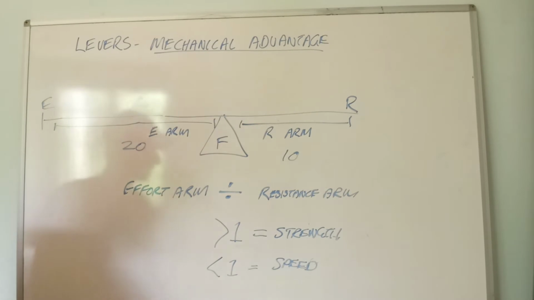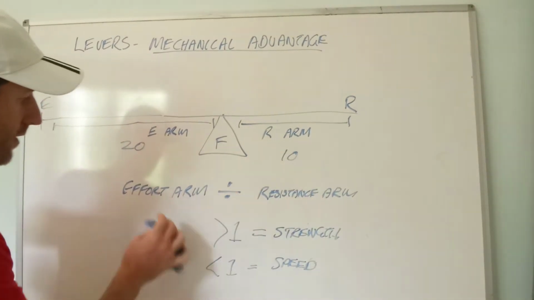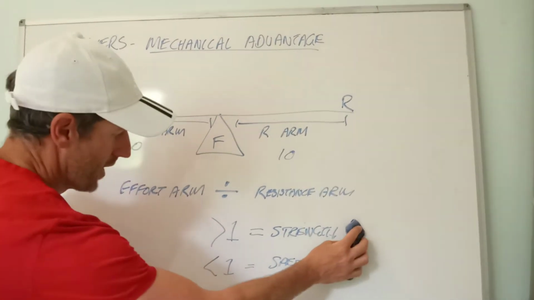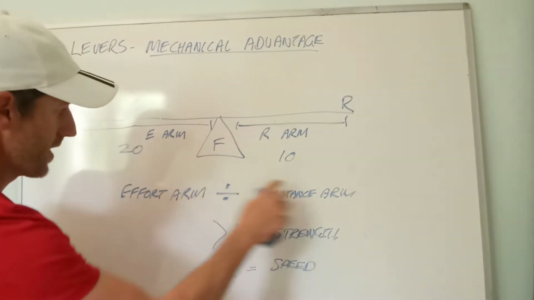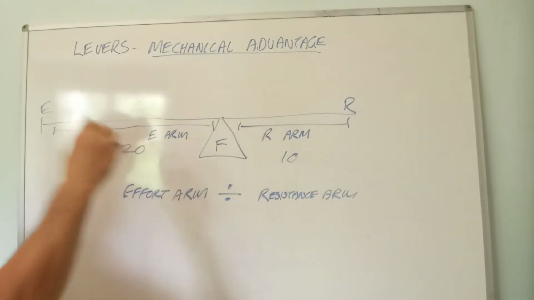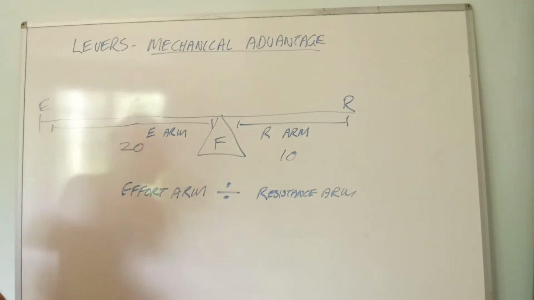So all you have to remember is this calculation. This will come in later, but that's the main thing you need to remember: how you calculate the mechanical advantage. You might possibly get a question on that.